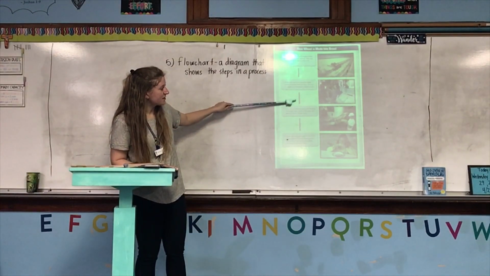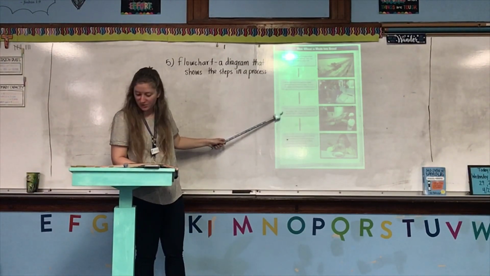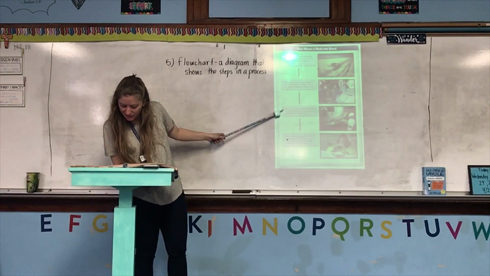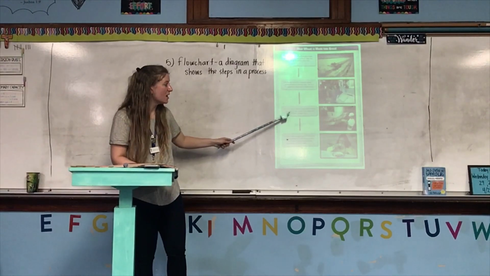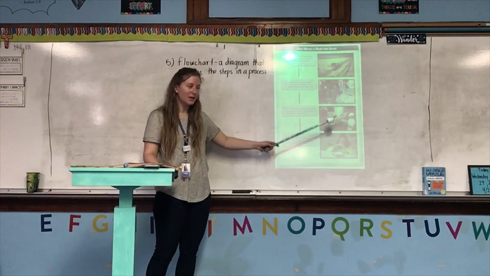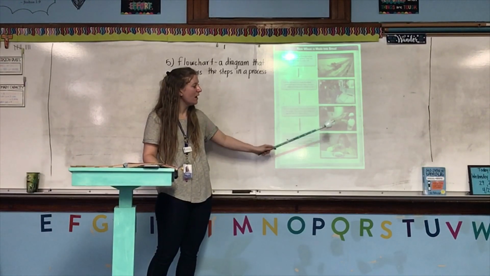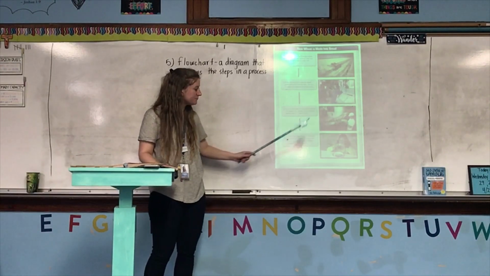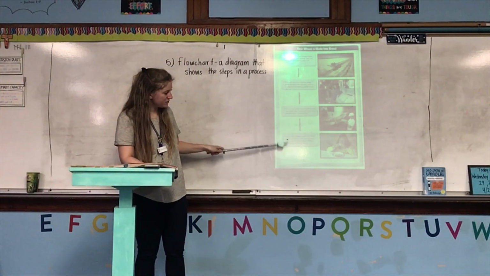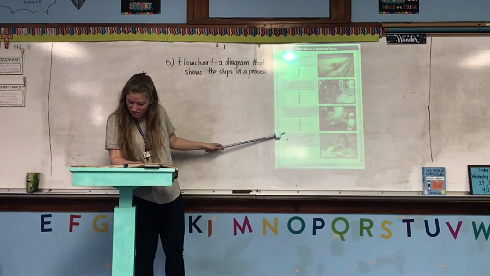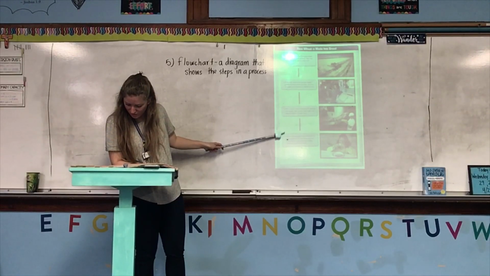Then we follow the next step, and step 3 says, at the bread factory, bakers make the flour into dough. They shape it into loaves and bake the loaves in huge ovens. So now we see the bread factory. This was the mill where they ground the wheat up into flour. Now we're at the bread factory. Then we're going to follow the arrow to step 4, which says, sliced and packaged bread is shipped to grocery stores in trucks.